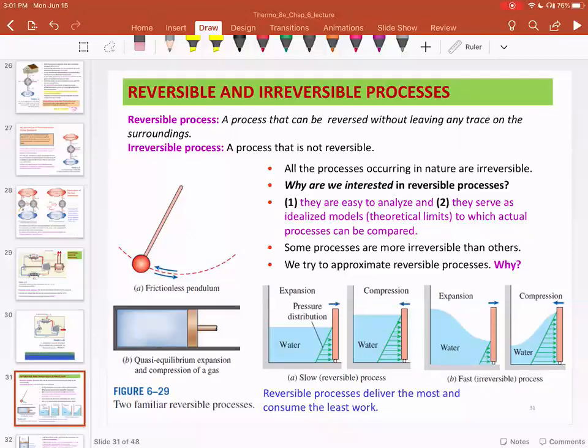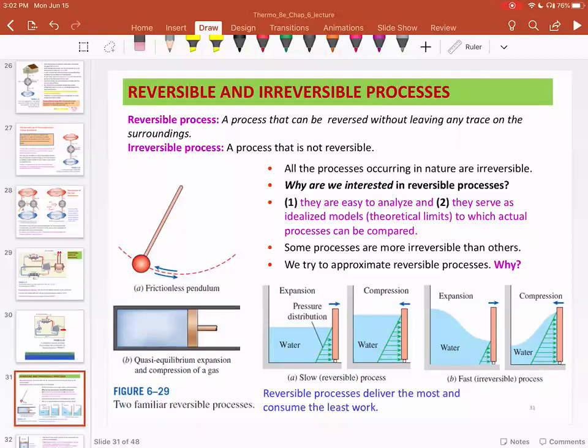So we are going to talk about reversible and irreversible. A reversible process is a process that can be reversed without leaving any trace on the surroundings. Unfortunately, purely reversible processes are not possible in actual practice.